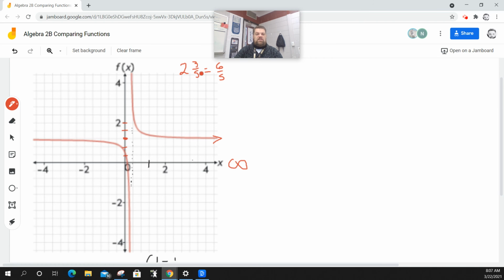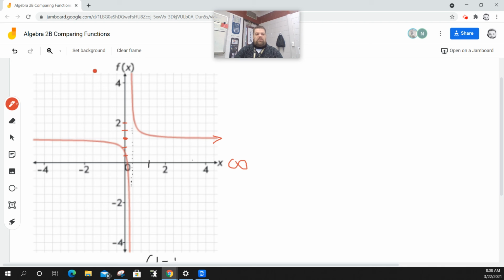Actually, no, we need to do that the other way. It's 10/3. So I'm trying to figure out what 3/5 of 2 is, and so it'd be 5/3, because when you divide by a fraction, you multiply by the reciprocal. No, it can't be 10/3. It was 6/5. That's what it was. I did it right. It's Monday.